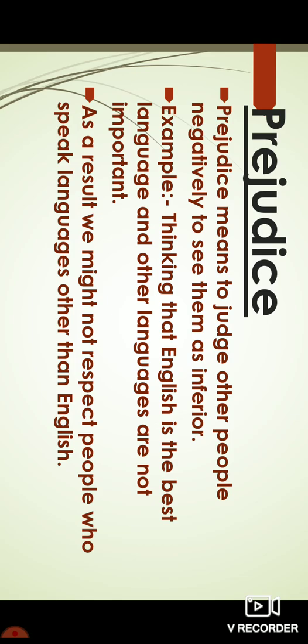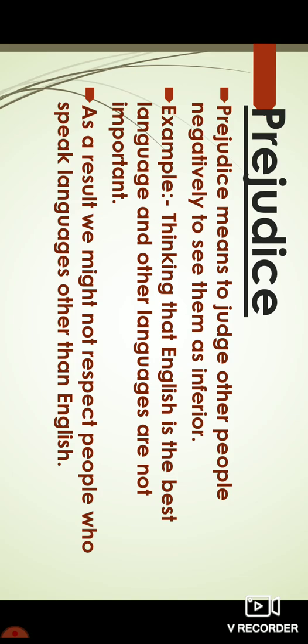Because of this prejudiced thinking, being judgmental, what happens? We stop respecting them. So if he doesn't know English, so what? He might be better than you in maths, he might be better than you in science. What about language? English is just a language, it's not knowledge, dear children.